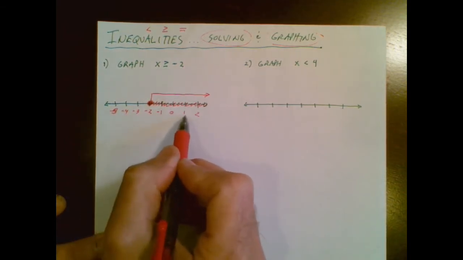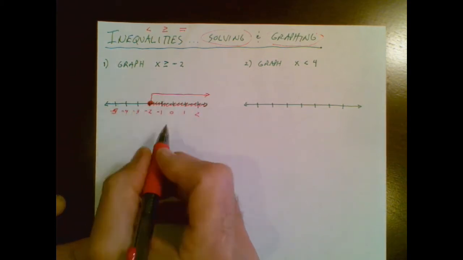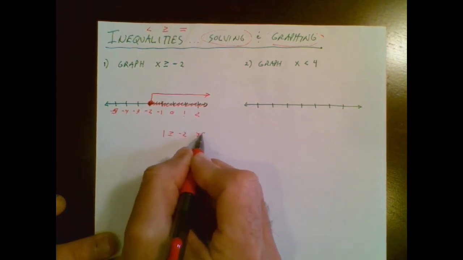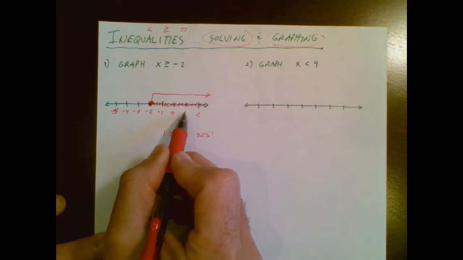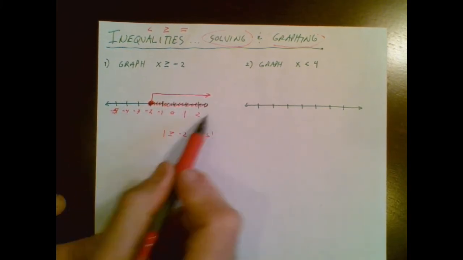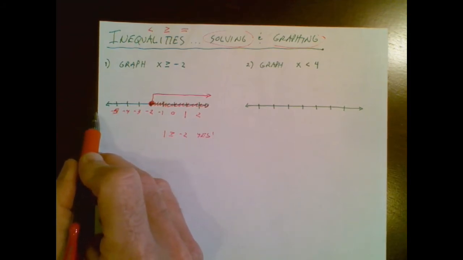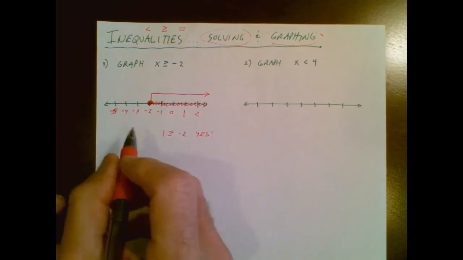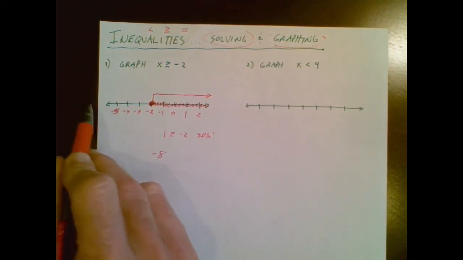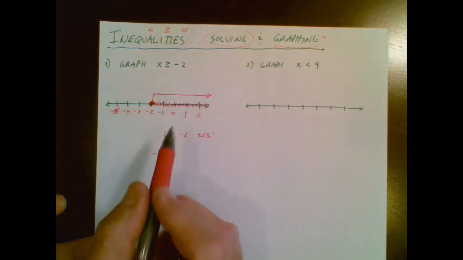So pick any number. Let's pick the number 1. And I'm going to substitute 1 in for x. Is 1 greater than or equal to -2? Yes. And that's why 1 was found in the shaded region. Let's pick a number from outside the shaded region. In fact, here's -5. Let's go way out here. You can go way out to the left if you want. Let's select -8. -8, way over here, not even seen on the graph, definitely is not part of the shaded region.